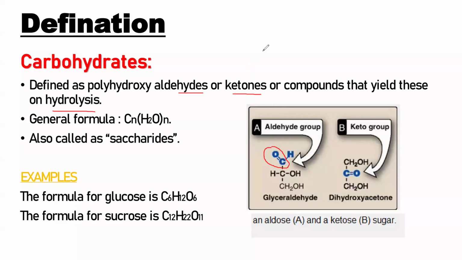Moreover, we also have another class of carbonyl compound here. Look at it. This is a carbon to oxygen double bond. So whenever you have a carbon to oxygen double bond, such compounds are considered carbonyl compounds.